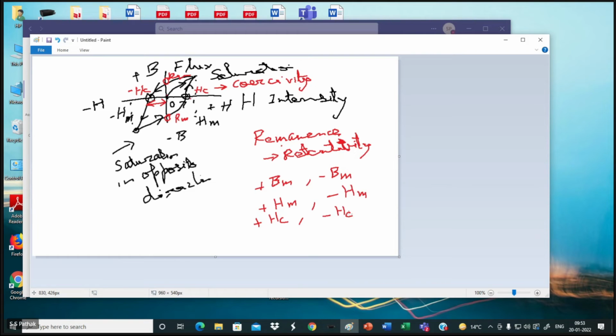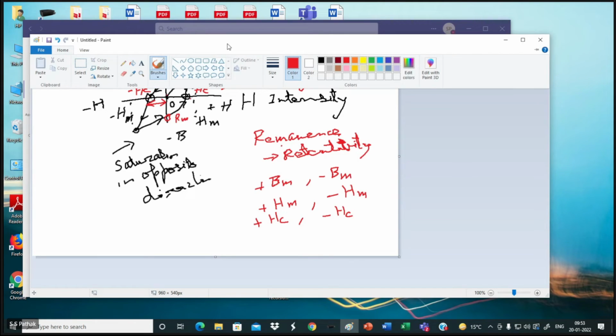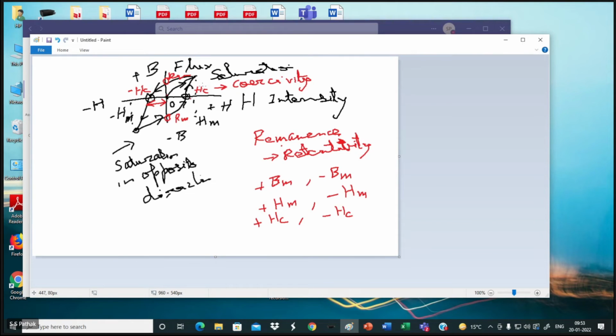Something between 0 and this point. I take another color, green color here. I'm talking of this point, from 0 to the point where the intensity is becoming 0. Similarly, from 0 to this point, that is called your Br.